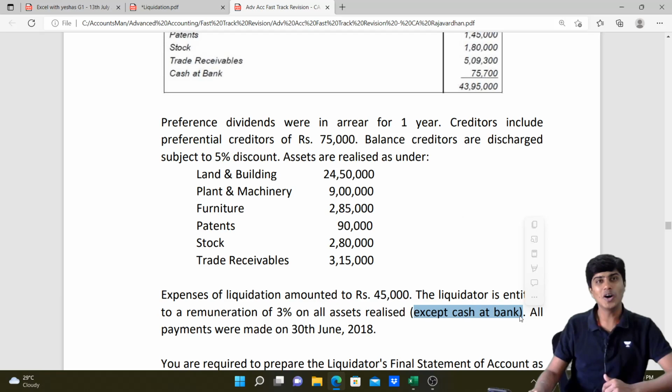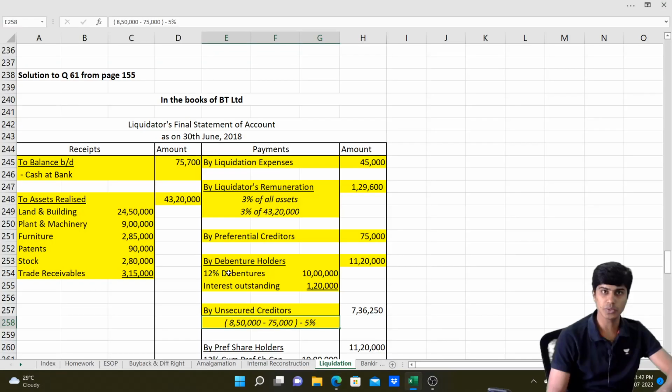We eliminate 75,000 from 8 lakh 50,000 and we're left with 7 lakh 75,000 of unsecured creditors.